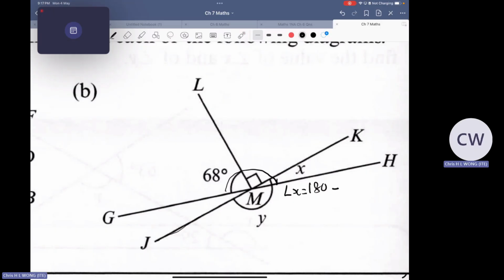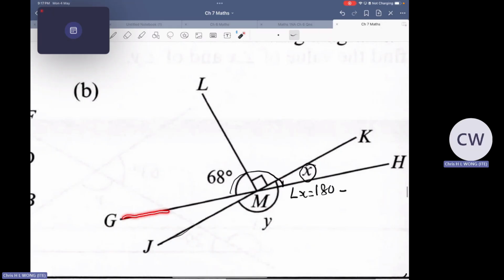Mandy, 180 minus what? I draw the straight line for you. The line is here.